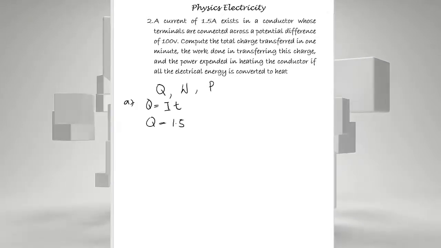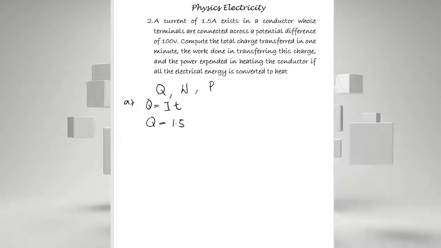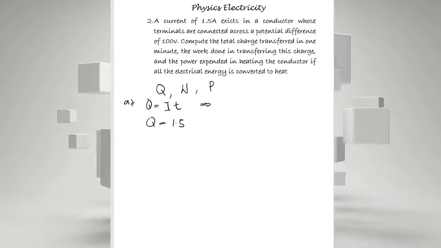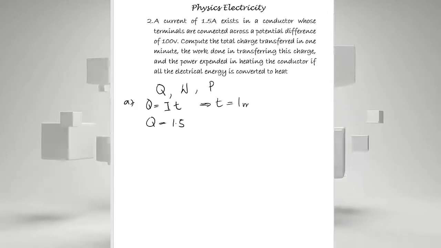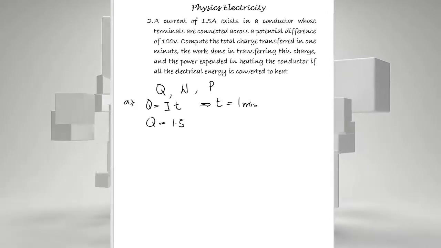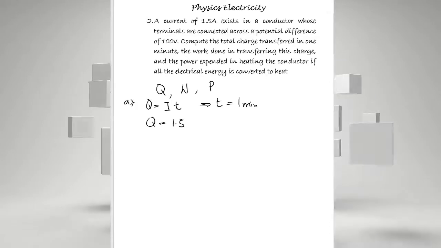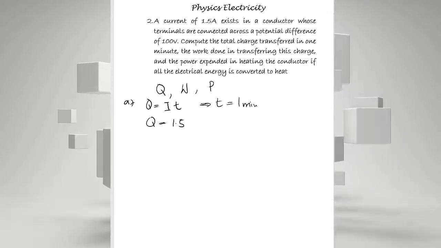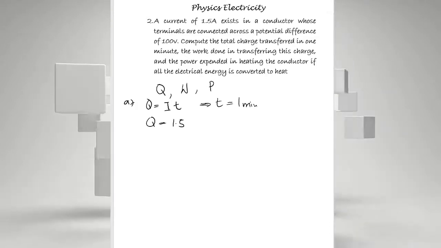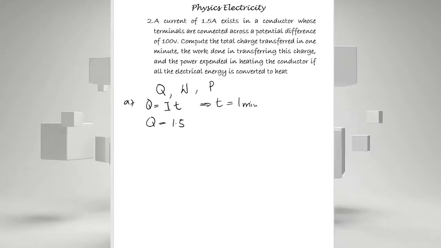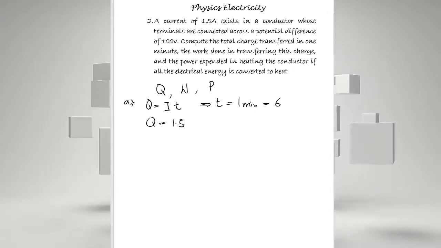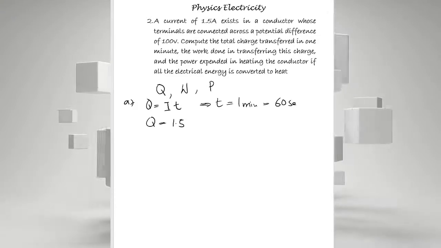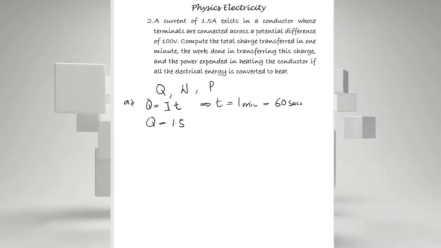And we are told that T is equal to 1 minute, flowing for 1 minute. But we know that the minute is not the SI unit for time. So we have to convert our time to our SI unit, which is seconds. So 1 minute is equal to what? 60 seconds.